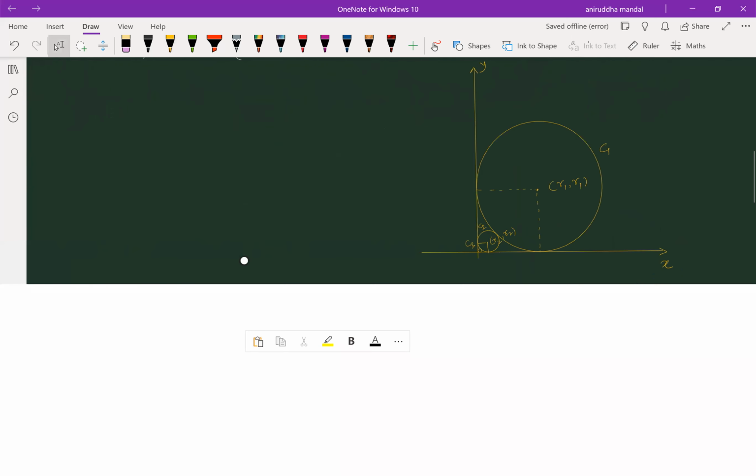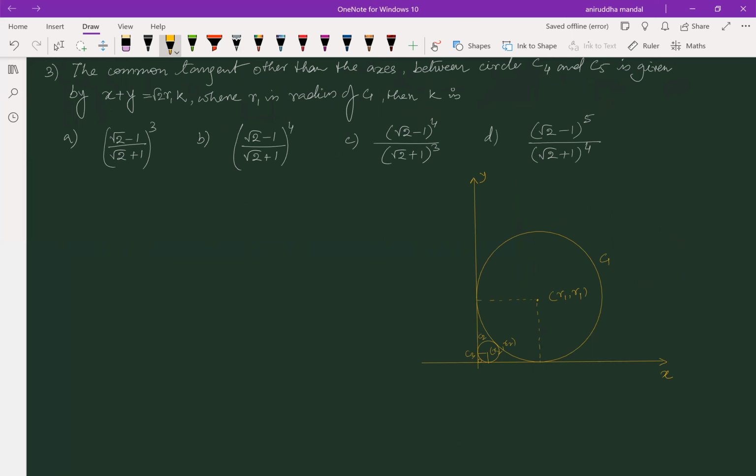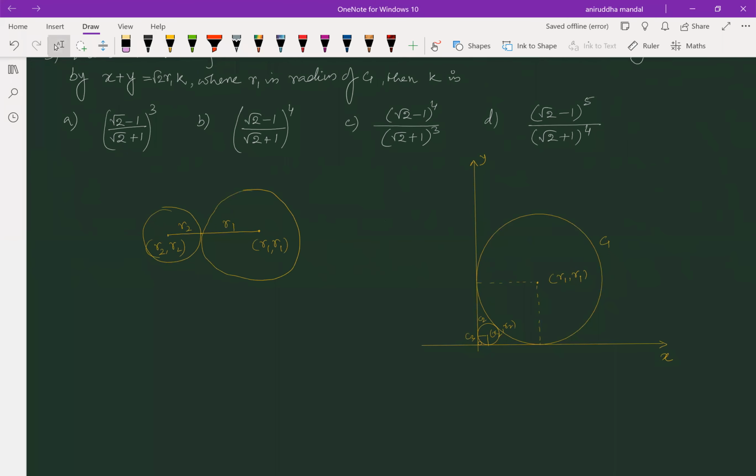We know these circles touch each other. This circle has radius R2 and this circle has R1. This is the given condition.